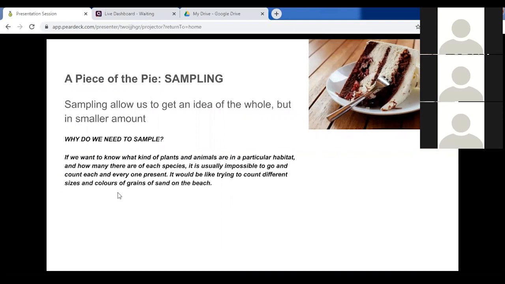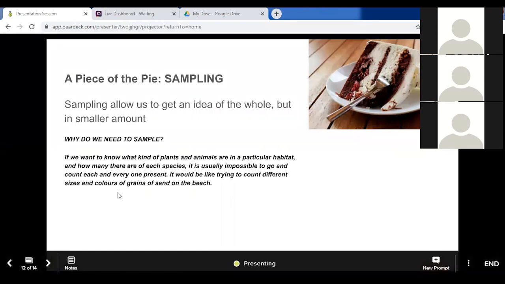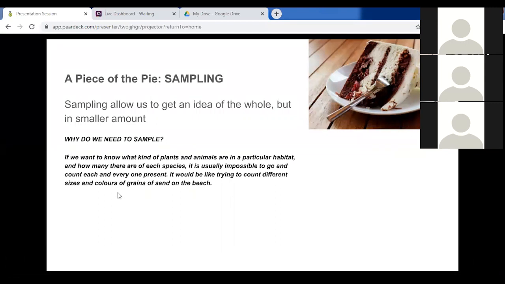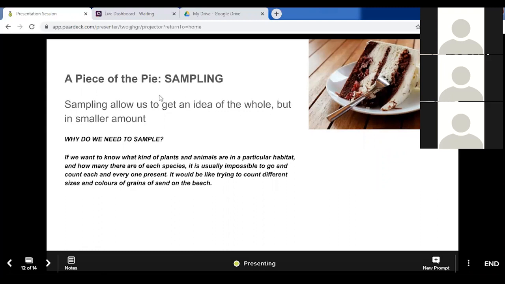Normally they cannot measure all the plants and animals that are found in a specific environment. It is impossible to count every organism that is present there. That's why they take only, let's say, an idea. This method is called sampling, or taking a piece of the pie. Sampling allows us to get an idea of the whole environment, but in smaller amounts.